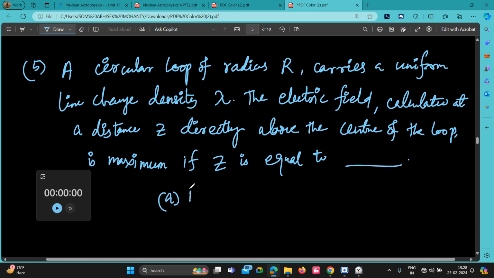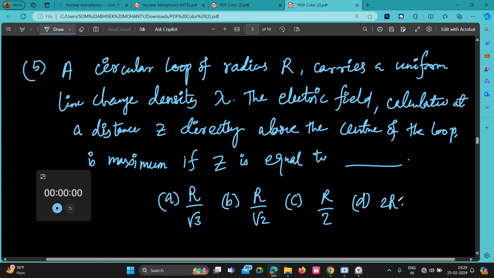Option A, r by root 3; option B, r by root 2; option C, r by 2; option D, 2r.